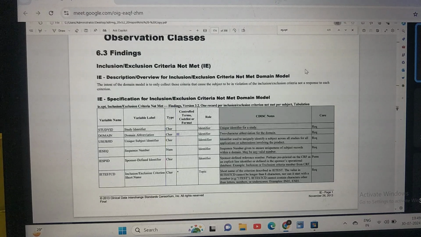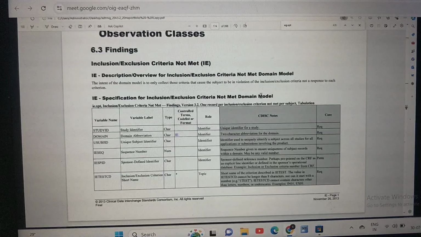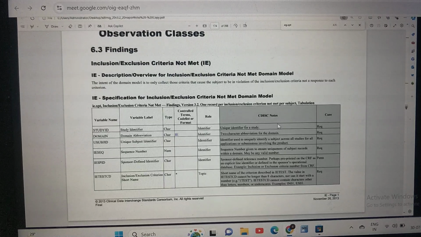What is the importance of this inclusion exclusion criteria? Based on that, the subjects are selected for the clinical trial. Carefully, a few people said partially correct, like 20 to 30% of the answer is correct.